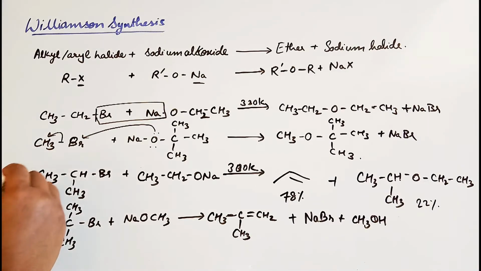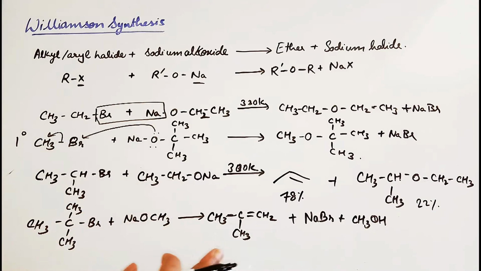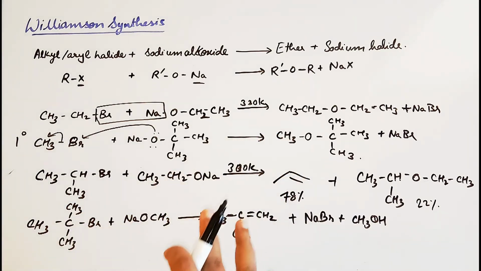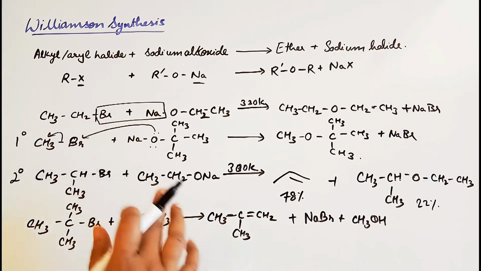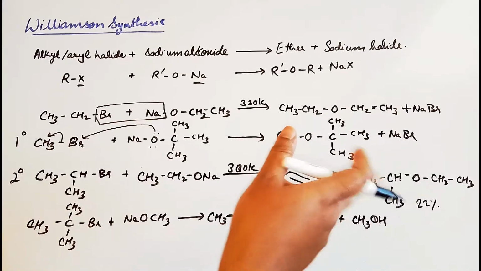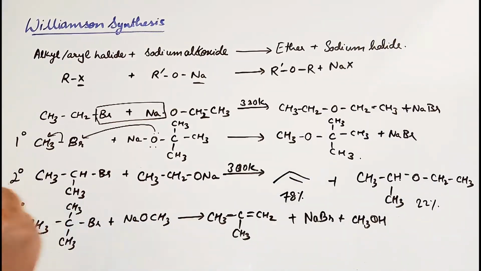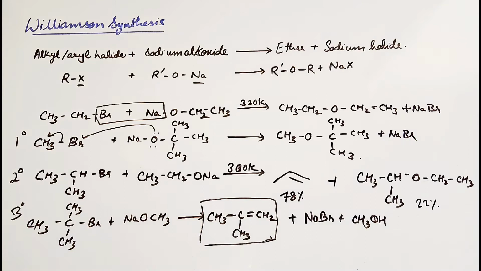So in case of primary alkyl halides, we are getting an ether, because it's undergone a substitution reaction, along with sodium bromide or sodium halide. In case of a secondary alkyl halide, we are getting two products: an elimination product and the substitution product. In case of tertiary, we are getting exclusively the elimination product and the alcohol.